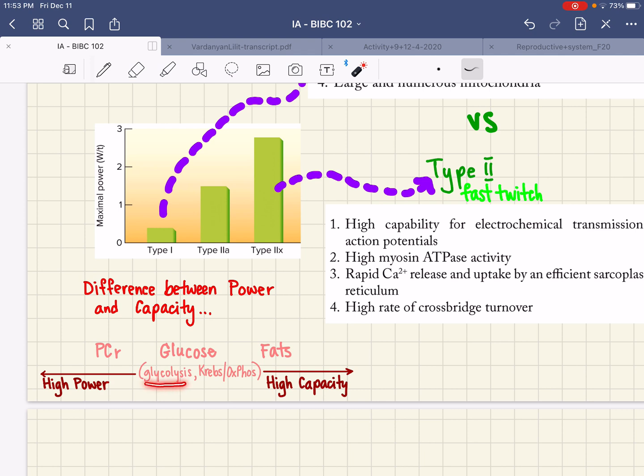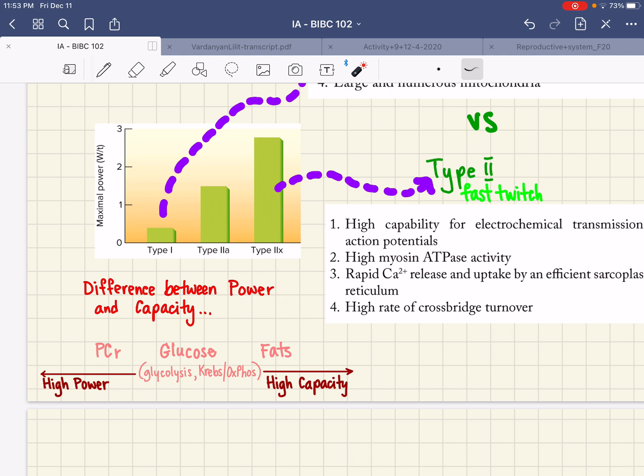or glycolysis. But as we move down this way and we get to Krebs, OXPHOS, or beta oxidation, which is breakdown of fats, I get more high capacity, right? So it's not as powerful, right?